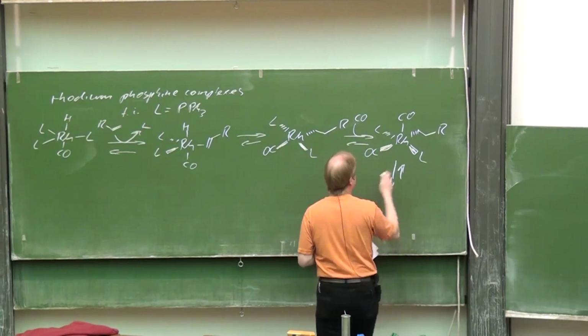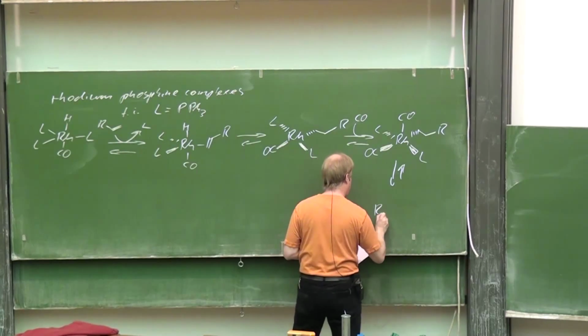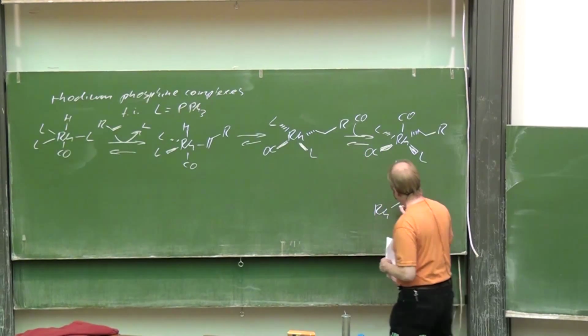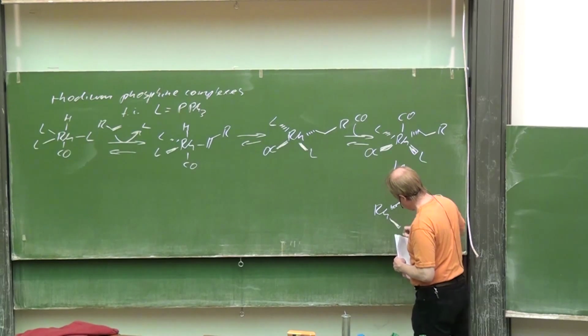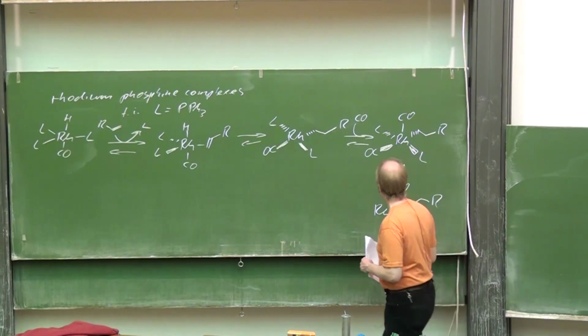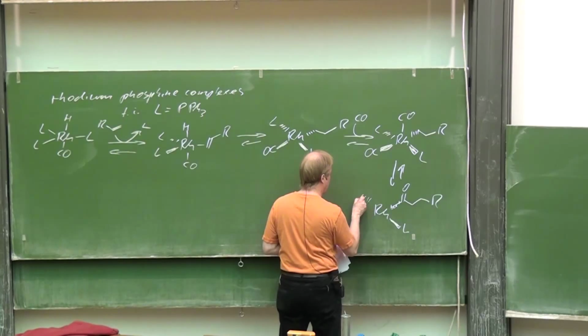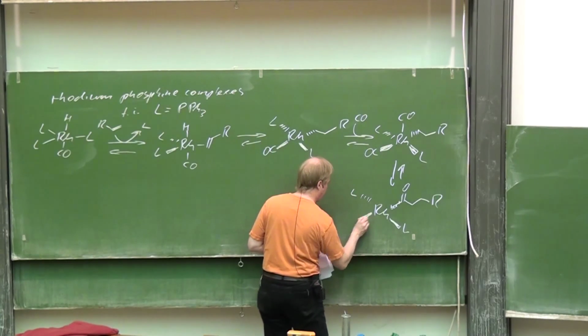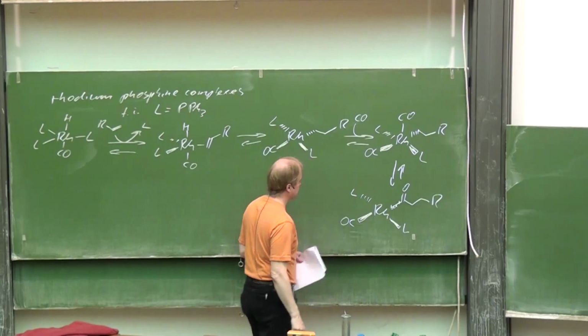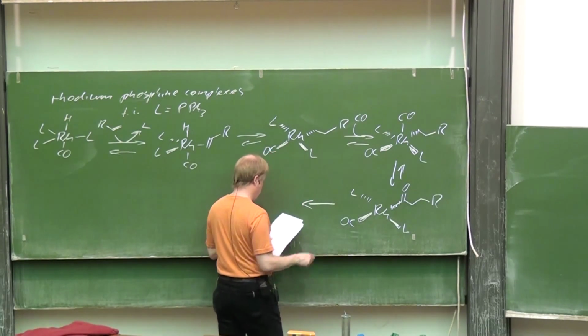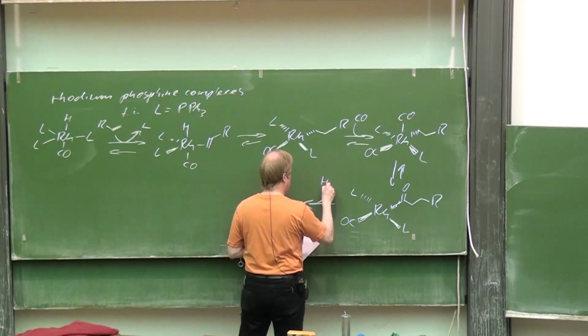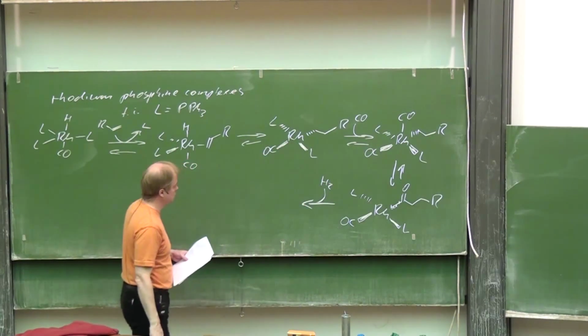The insertion reaction then will produce again a square planar intermediate. Of course, then the hydrogen comes into play.